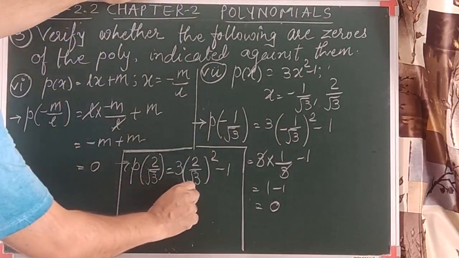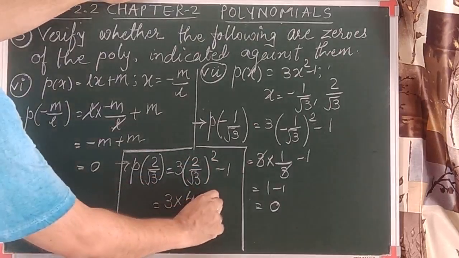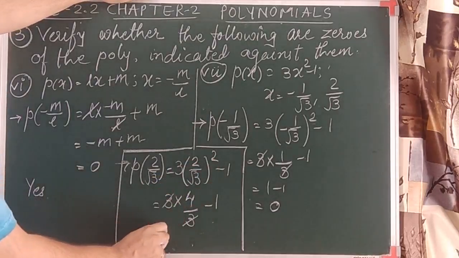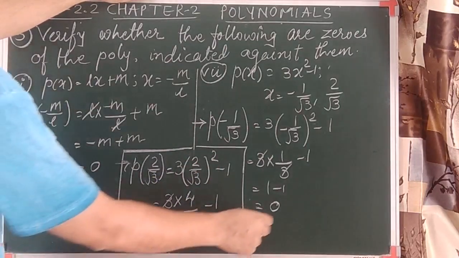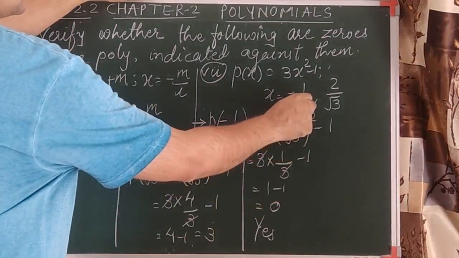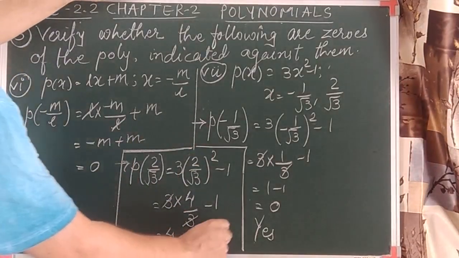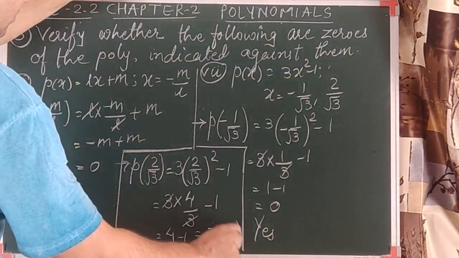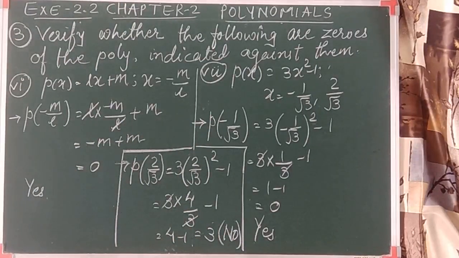First we have to apply the power. So 2 square is 4 and the square of root 3 is 3. So these both 3s will be cancelled. So that is 4 minus 1. So it is 3. So for the first value, as we obtain 0, we can say yes, the value of x, minus 1 upon root 3, is a zero. But for this, we obtain 3. So we can say no for this value of x, that is 2 by root 3.